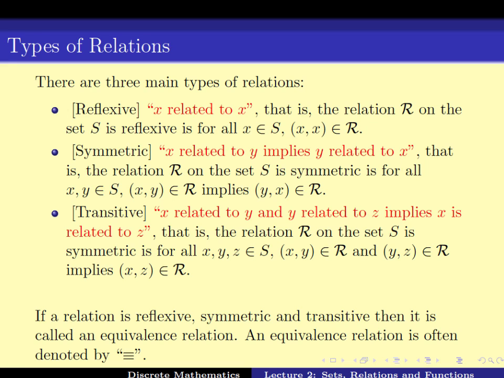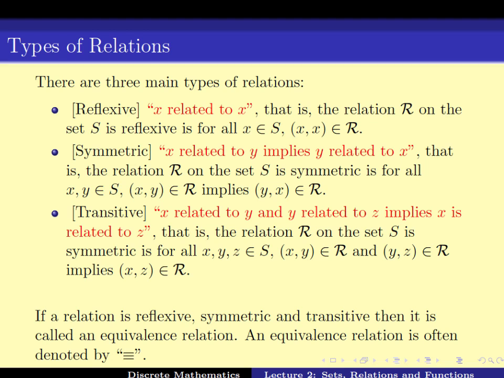Number one is what we call a reflexive binary relation. In other words, x is related to x, so x comma x is in the binary relation R. The second one is the symmetric binary relation. Here, if x is related to y, then y must be related to x. In other words, x comma y is in R if and only if y comma x is in R.